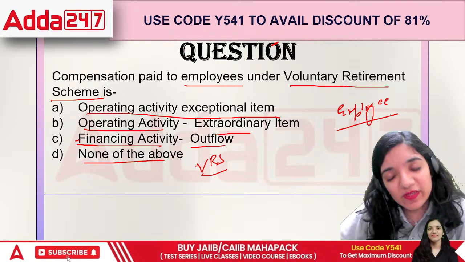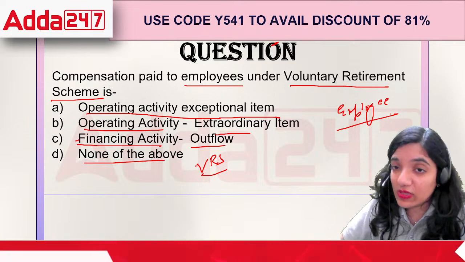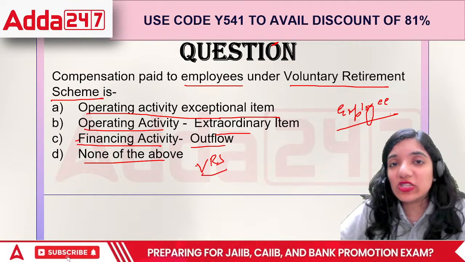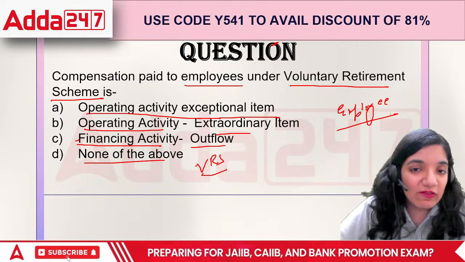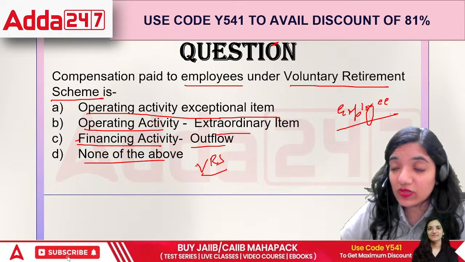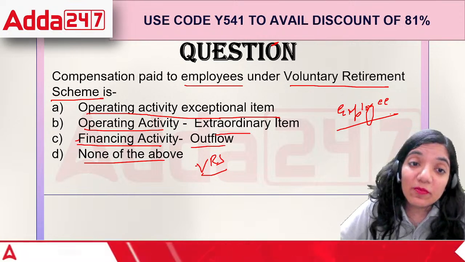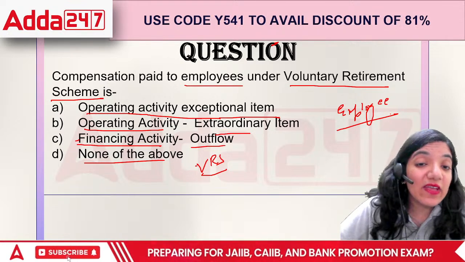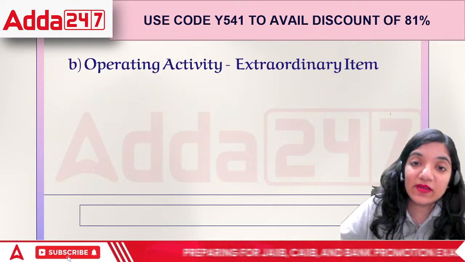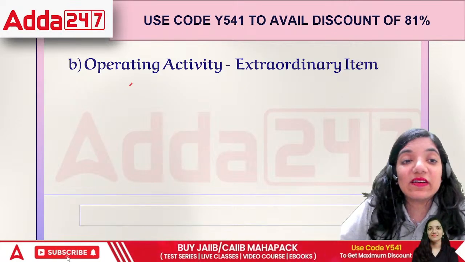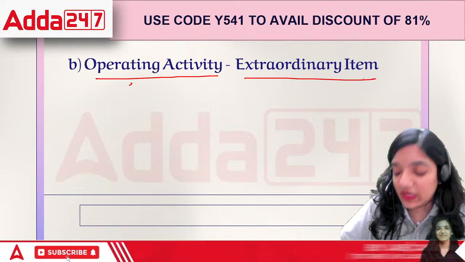People normally reach their particular age and only then leave the organization. If they are above 60, then they leave. Otherwise, they stay with the organization. So compensation paid to the employees under VRS is an extraordinary item. We do not do it every single day. It happens, so it's an extraordinary item.